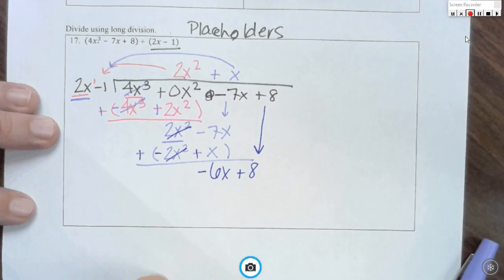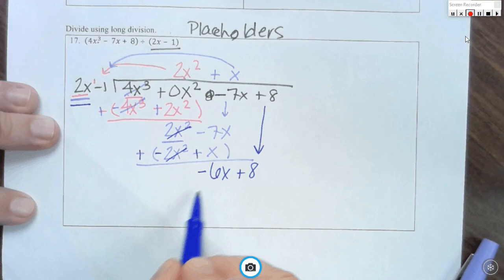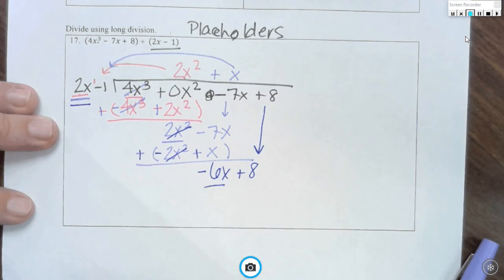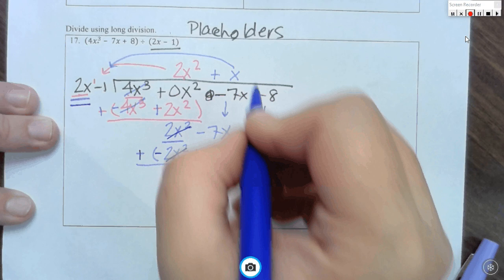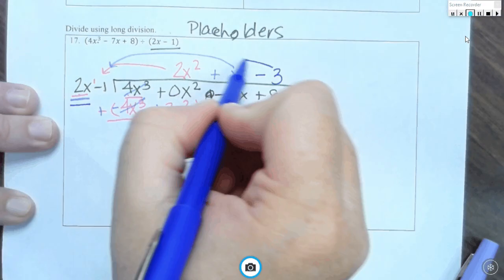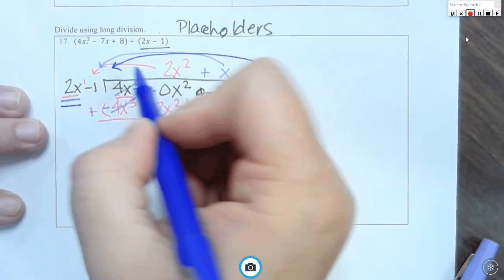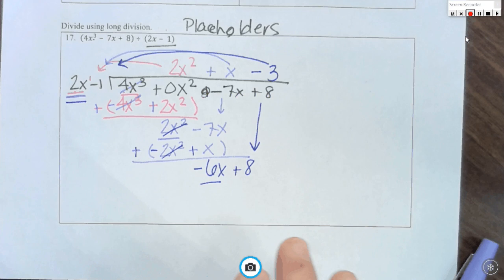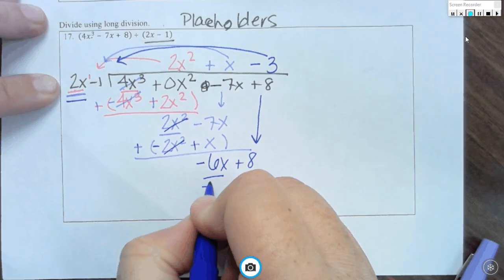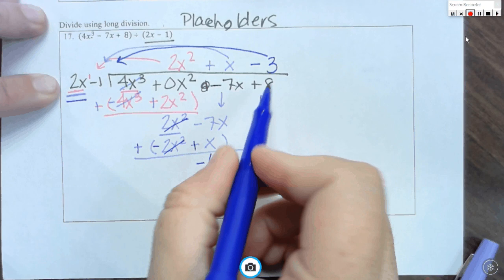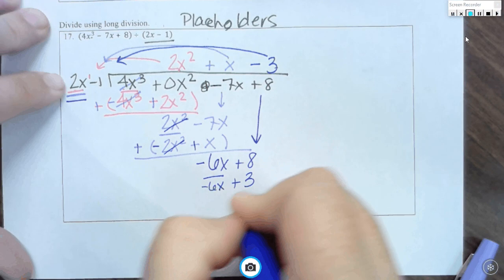What do I multiply 2x by to get negative 6x? And that would be a negative 3. Multiply around. Negative 3 times 2x would be negative 6x. And negative 3 times negative 1 would be a positive 3.